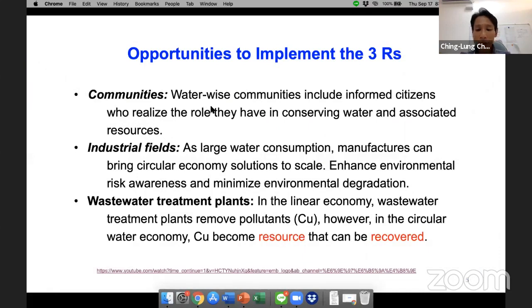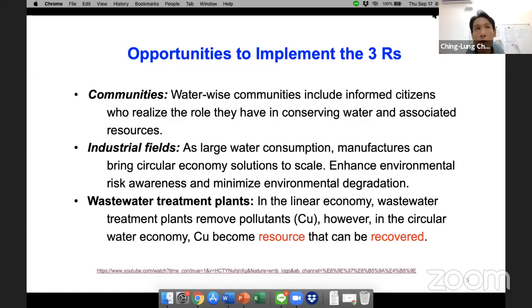Okay, so basically this is how the company tries to recover some valuable resources from the wastewater. Because this company has a high concentration of copper, they use electrochemistry to try to recover the copper from the wastewater.